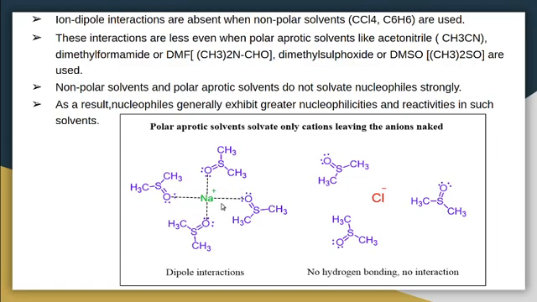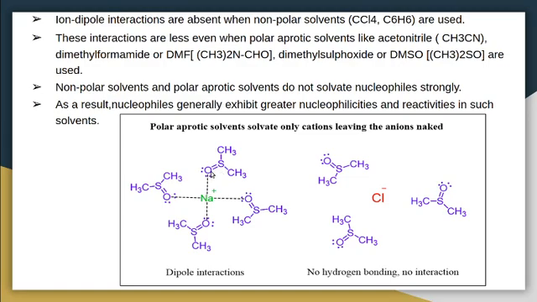That means if we use NaCl as the nucleophile, Cl minus acts as the nucleophile and its counter ion is Na plus. If we are using NaCl for providing the Cl minus as a nucleophile, only the cation part will be solvated by the polar aprotic solvent. This is dimethyl sulfoxide, DMSO.